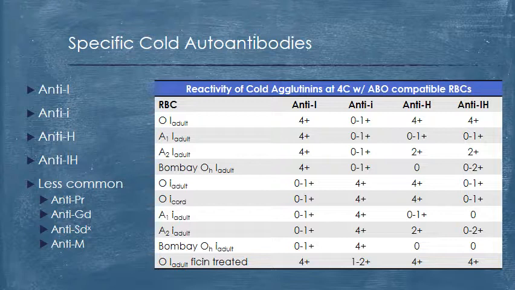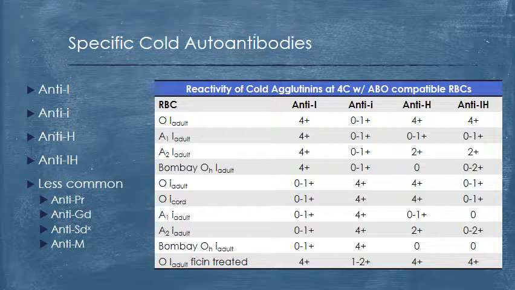So we can characterize those by reacting the plasma with group O cells or group A2 cells, since those have the largest amounts of H antigen on them. And you can see the difference in reaction, which will help point to an anti-H characterized autoantibody. And then your A1 have the weakest expression of H antigen.